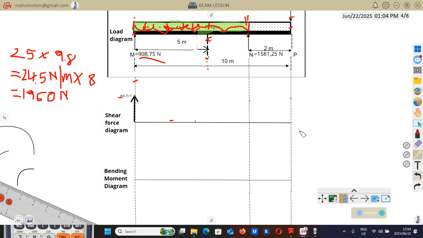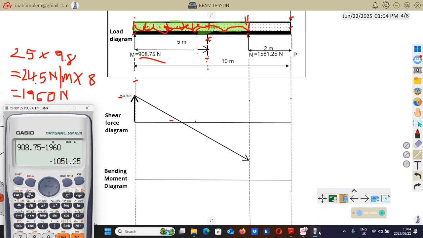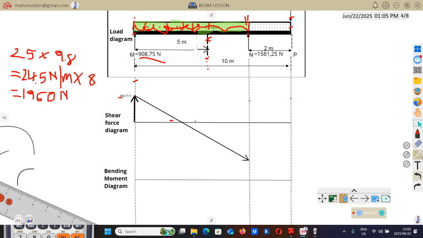Yeah, so now from there you are going to draw a line from here to a value that will represent that negative 1051. This negative is all about the direction. The upward part is positive, and the negative is from this horizontal line going downward.